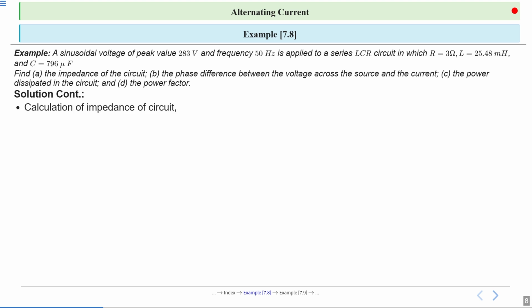So now we can calculate the impedance. Impedance is given by root of R square plus XL minus XC whole square, according to NCERT equation 7.26. R is given as 3 ohm, XL we have calculated as 8 ohm, and XC we have calculated as 4 ohm. So 8 minus 4 will be 4.